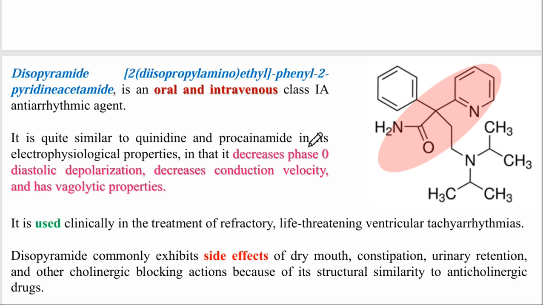So all the side effects of anticholinergic drugs are possessed by disopyramide. You can see the structure of disopyramide here. The basic structure is the same, only the highlighted part is a change here.